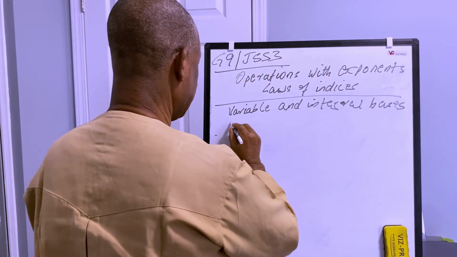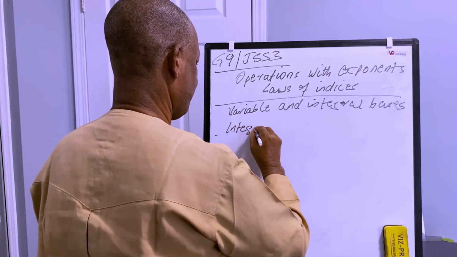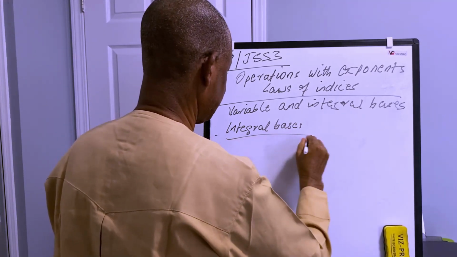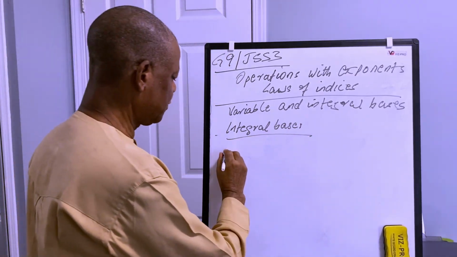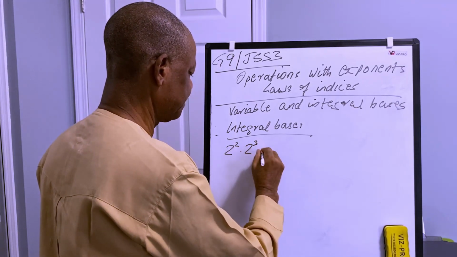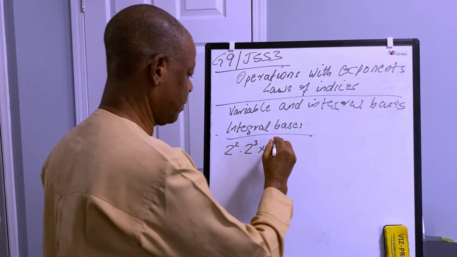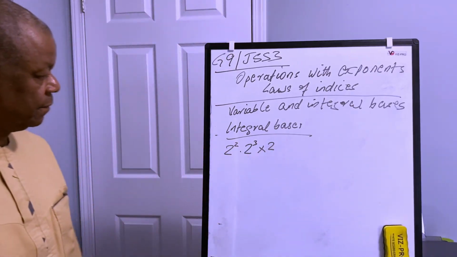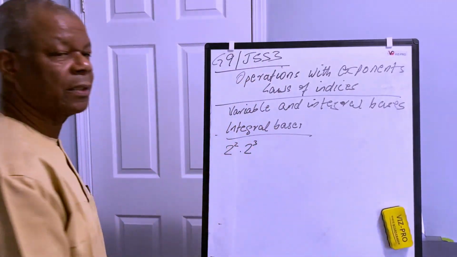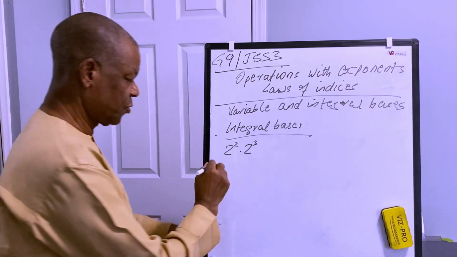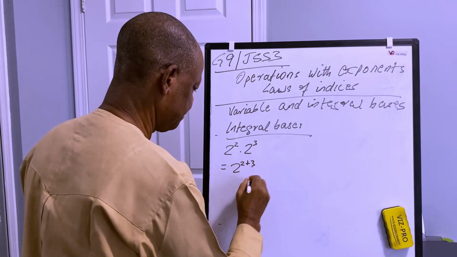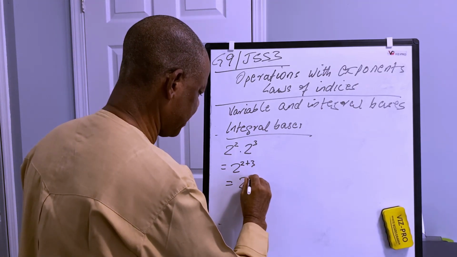When asked to solve 2 raised to power 2 times 2 raised to power 3, this gives us 2 raised to power 2 plus 3, which is 2 raised to power 5.